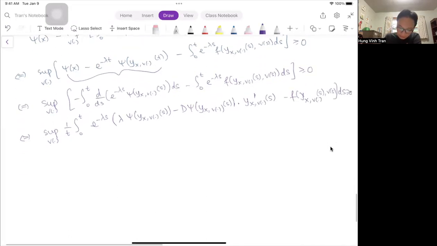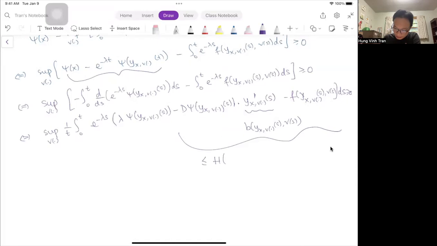Again, we are using the fact that y_x'(s) is the vector field b(y_x(s), v(s)), and that this whole term is less than or equal to H evaluated at the location y_x(s) and Dc, since c is a smooth test function. Same thing, right?